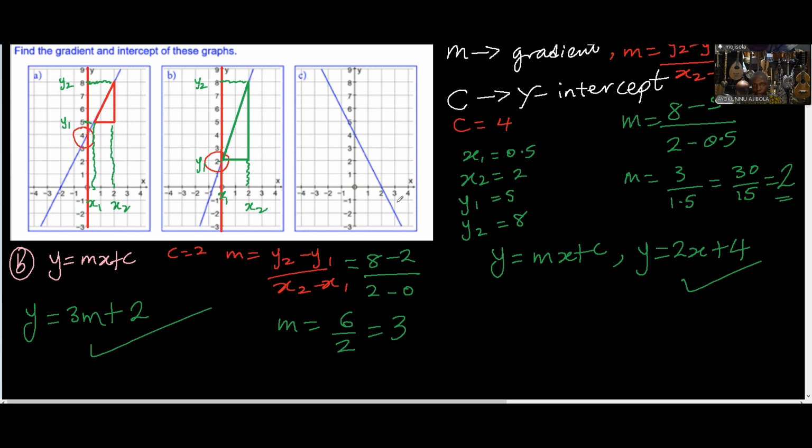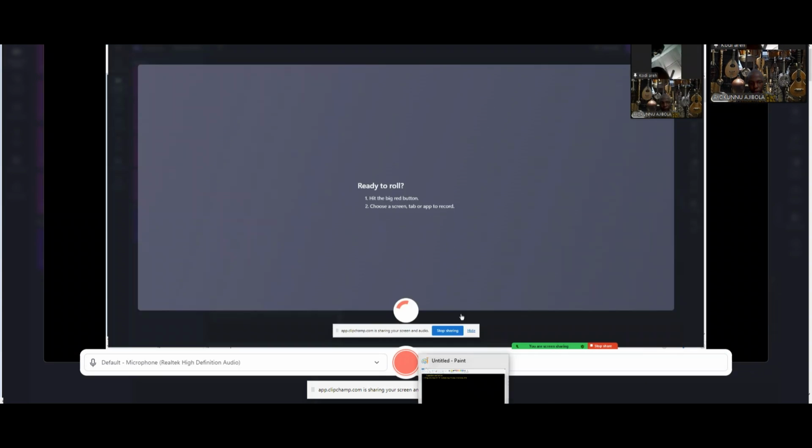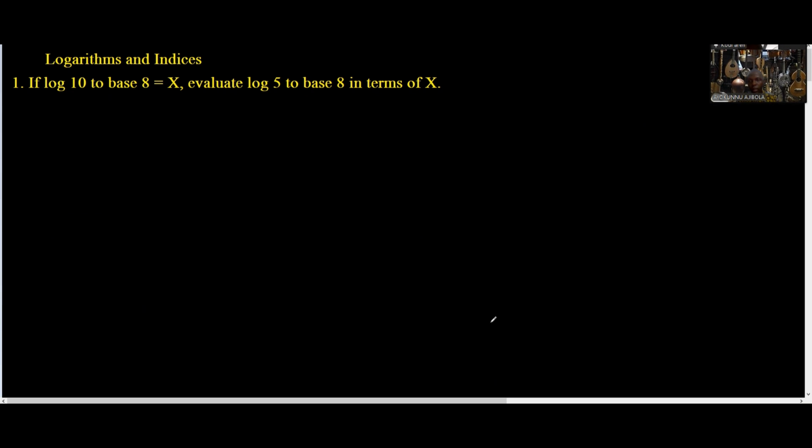Okay, so the question says if log 10 to base 8 equals x, then evaluate log 5 to base 8 in terms of x. So we're starting from log 10 to base 8, okay? Is that clear? So we have log 10 base 8 equal to x.